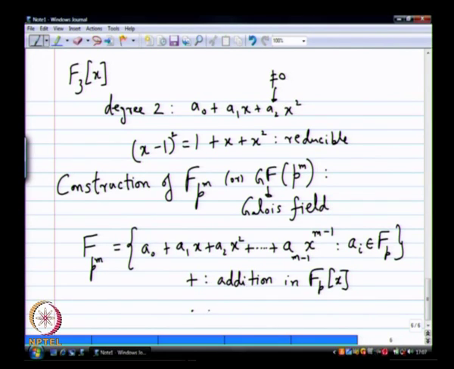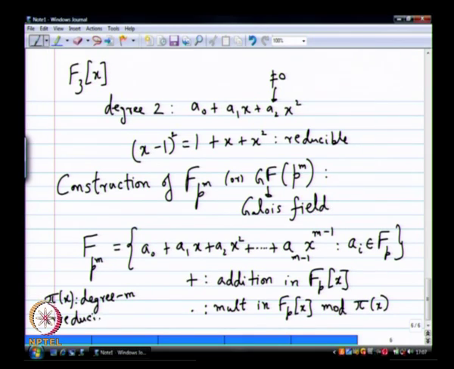Multiplication is polynomial multiplication, it is basically multiplication in Fp[x] modulo some pi of x, where pi of x is a degree m irreducible polynomial in Fp[x].